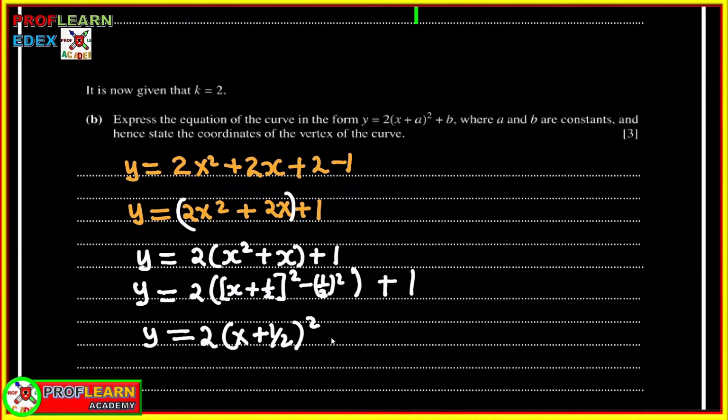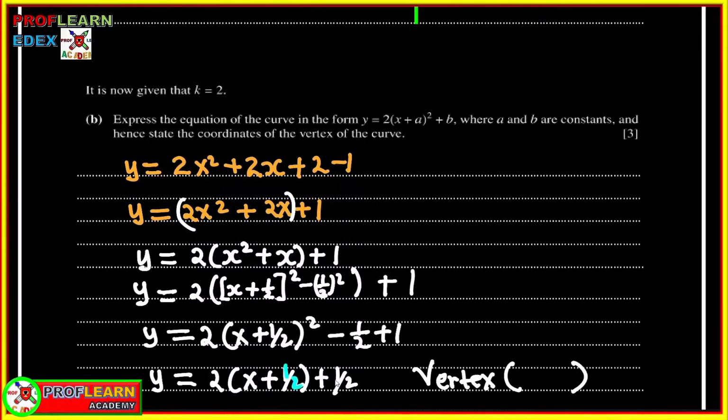Simplifying, we end up with this equation, and from here we are supposed to state the coordinates of the vertex of the curve. Coordinates are gotten from that completed part, so you are going to pick negative a half, because inside the bracket we have a positive, but outside we have positive a half. You take it the way it is, like that.